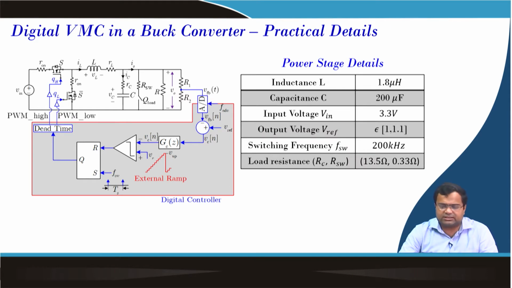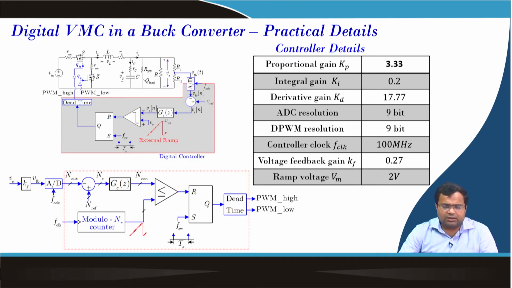These are the power stage details that we have discussed multiple times, and initially we are considering the 3.3 volt input, and this is the design parameter for 3.3 volt input, which we have discussed in the previous lecture, which were considered in the simulation case study, derivative gain.